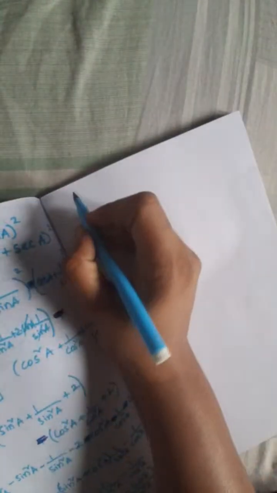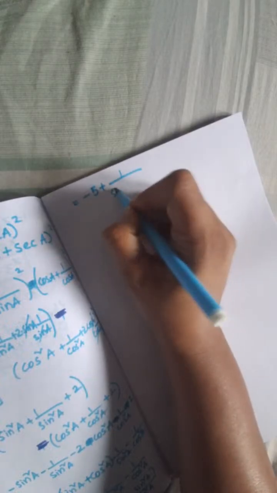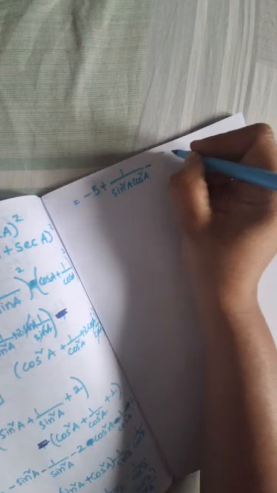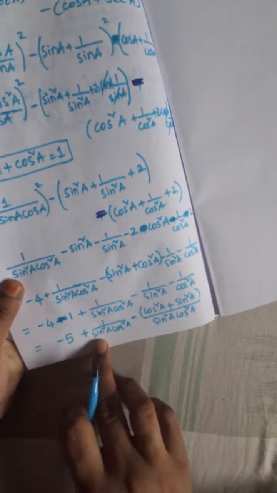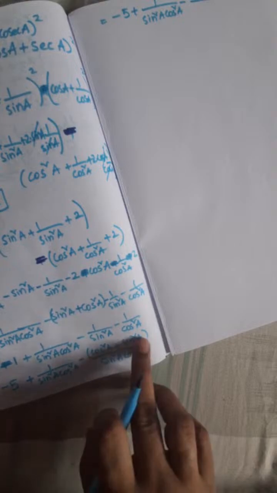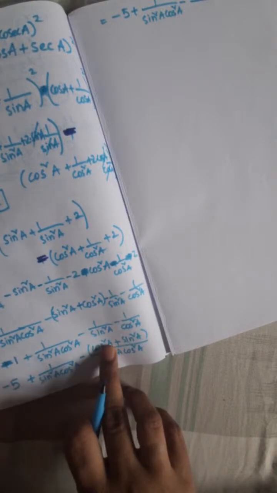Okay, now let's do this. Minus 5 plus 1 by sin square a cos square a as it is, minus 1 by, I am writing 1 by second term, that 1 by sin square a cos square a, minus this whole term becomes, numerator becomes 1. Okay, from the identity.